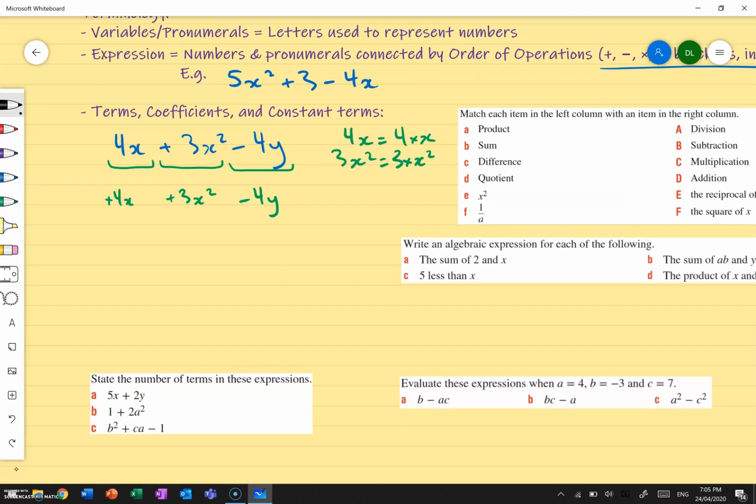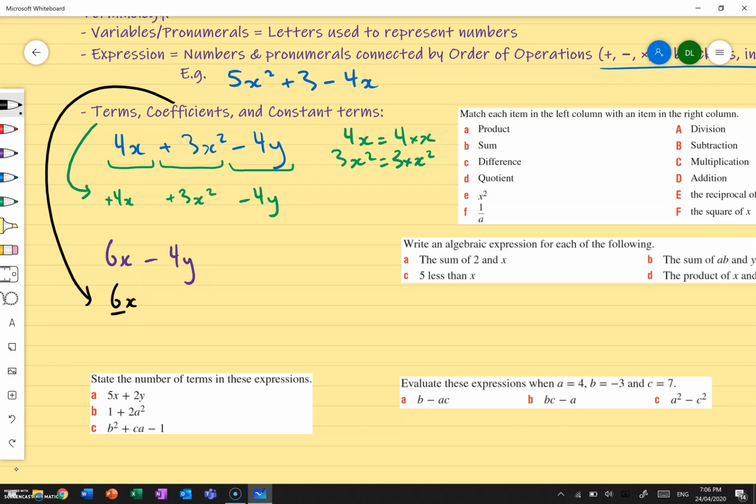Coefficients are the numbers in front of the terms. For example, if I have 6x minus 4y, these are my terms, and then my coefficients. The coefficient of 6x is the 6.